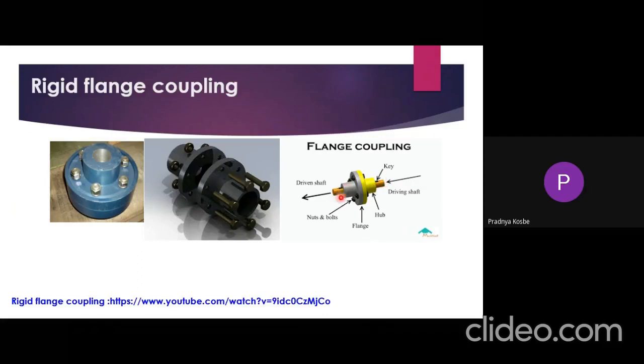And here there is a driven shaft and driven shaft is in contact with driven flange, and this driving flange and driven flange both are connected with help of nut and bolt arrangement.